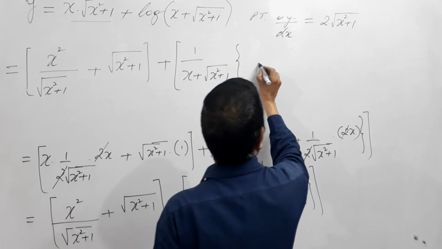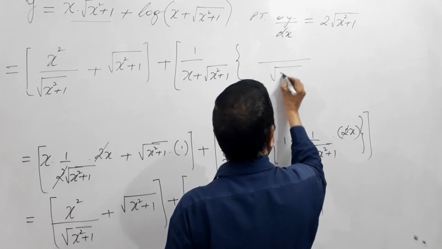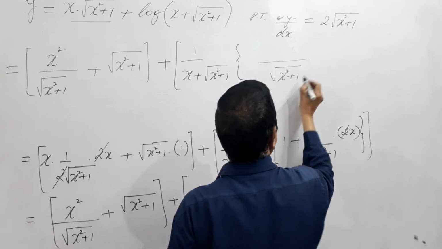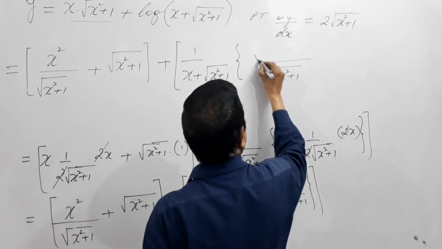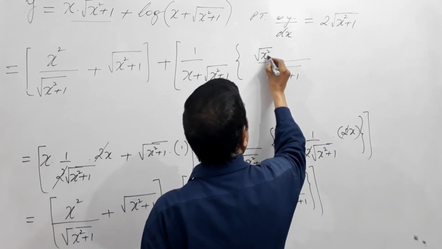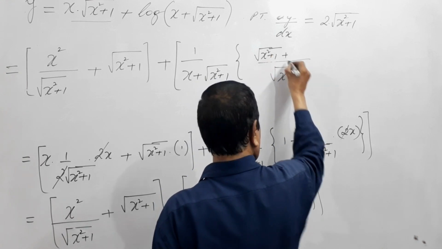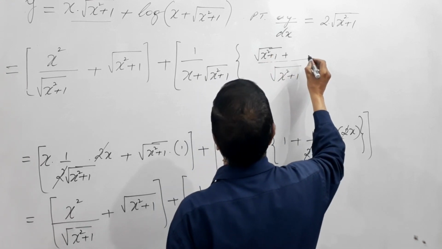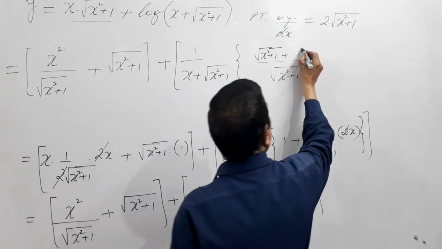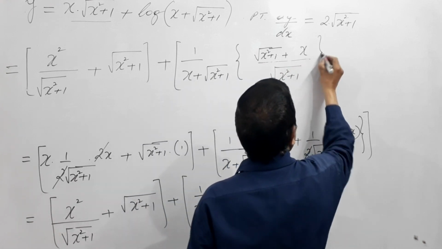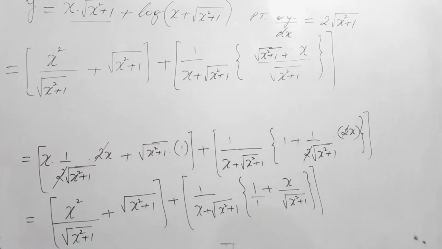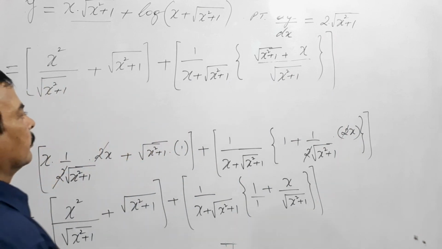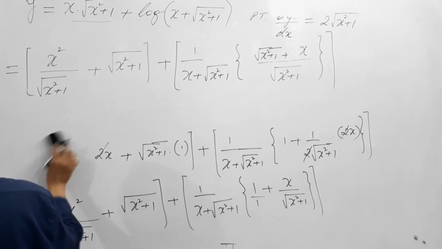So what is LCM here? Under the root x square plus 1 is the LCM. So this becomes what? Under the root x square plus 1 plus x.